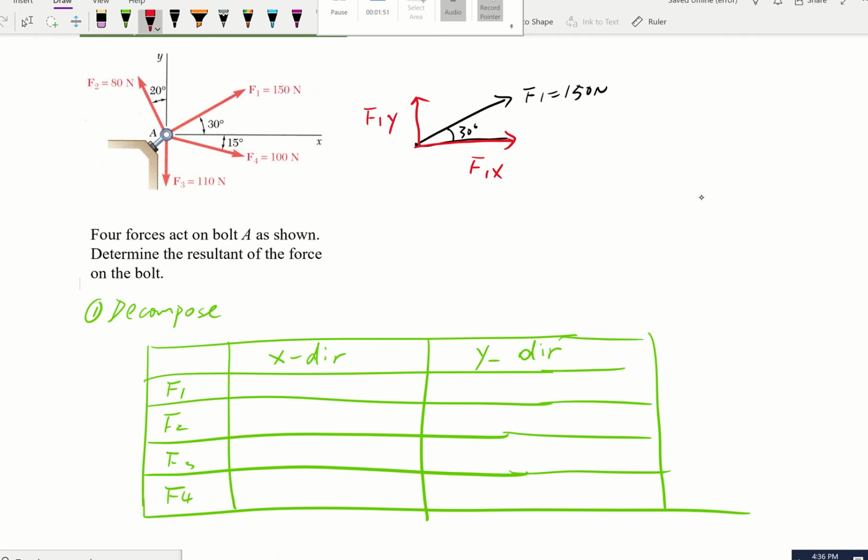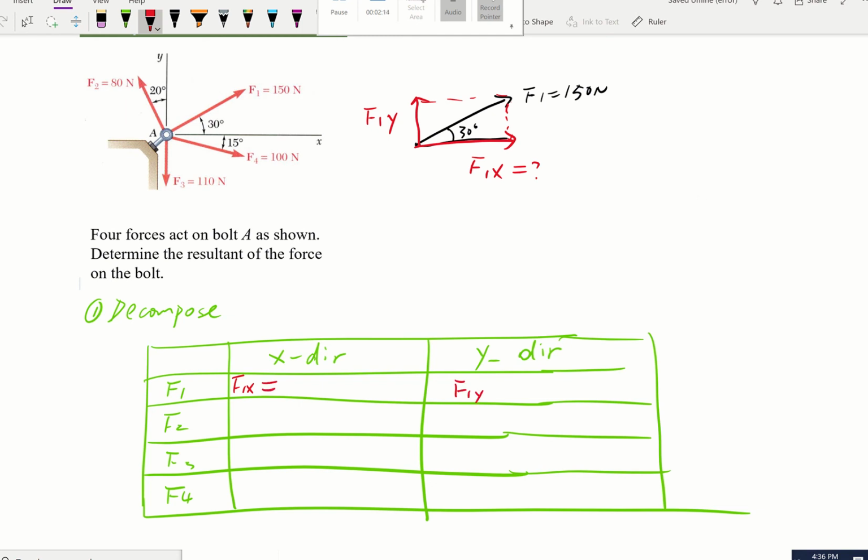I no longer draw the dashed rectangle lines because I can eyeball where to stop. So F1x, what's the value? We need to put it in the table.